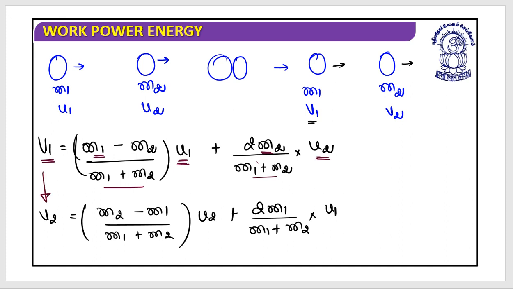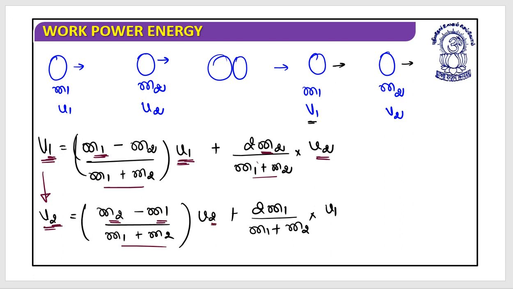The same thing is true here. It's v2, the final velocity of the second body. When I was talking about the first body, I began with m1. Here I am talking about the second body, so I begin with m2. So this is m2 minus m1 divided by m1 plus m2, and once it was u1, this time it is u2.